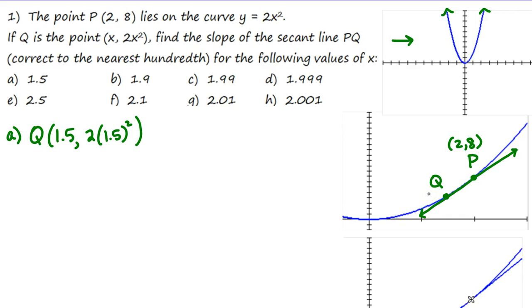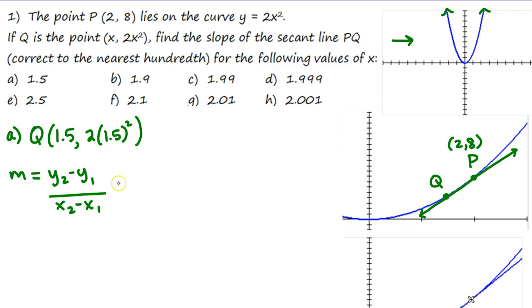Now, we know how to calculate slope. We can calculate each of these slopes one by one, but it's going to get really boring and tedious. So I'm going to show you how you can use your calculator to make a formula for this, and you can calculate them all quickly. To find slope, we take y2 minus y1 over x2 minus x1.